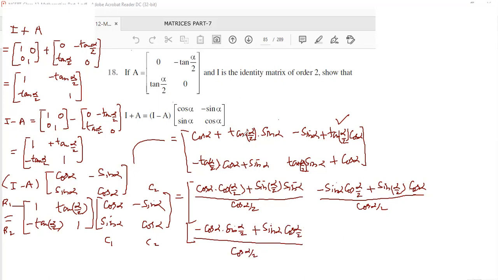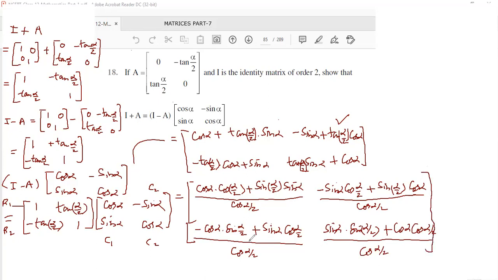Here we are just converting tan into sin upon cos and then taking LCM. Okay. So here you get sin alpha and sin(alpha/2) plus cos alpha and cos(alpha/2), divided by cos(alpha/2).